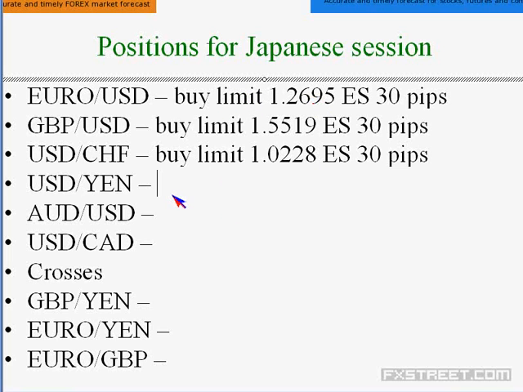Then in the case of yen, they have already breached the high. So sell and buy trade I will not recommend because it's the lowest level for the season. And if you try to sell, probably you can keep stop at entry, but by the time you try to book profit, they may just reverse it. And it might be a high risk trade.